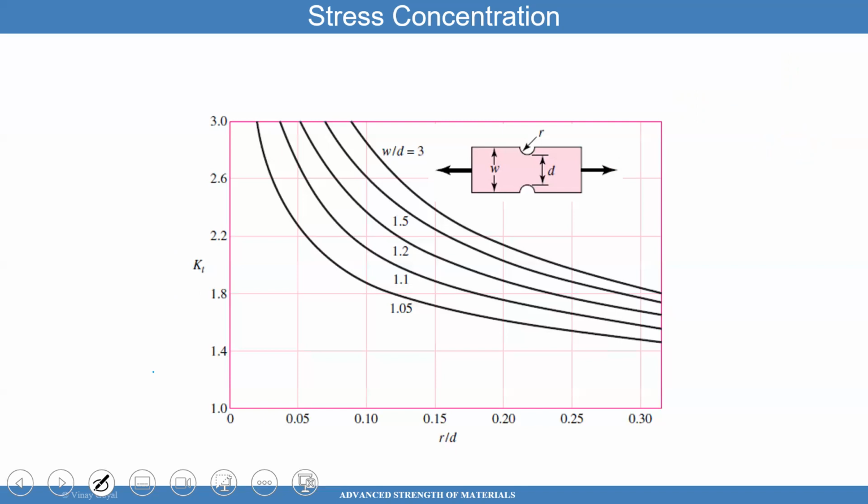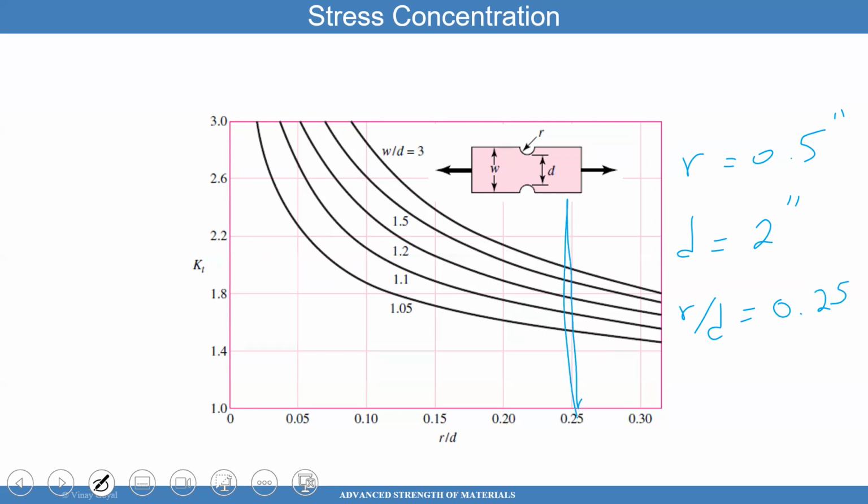And so in this case, they're giving you the radius, the width, and also D. And so you can, again, say the radius was 0.5 inch. Say that D was, say, 2 inch. Then R over D in this case will be 0.25 again. You draw the line there.